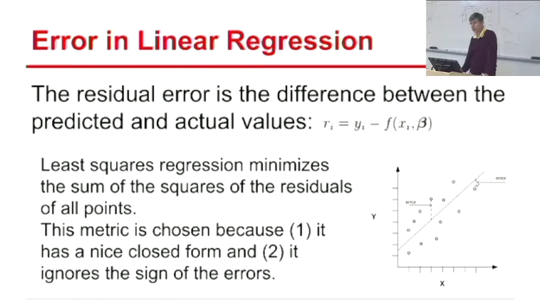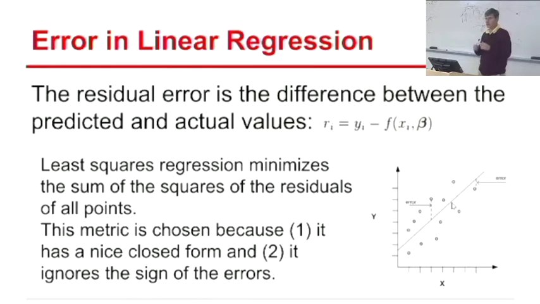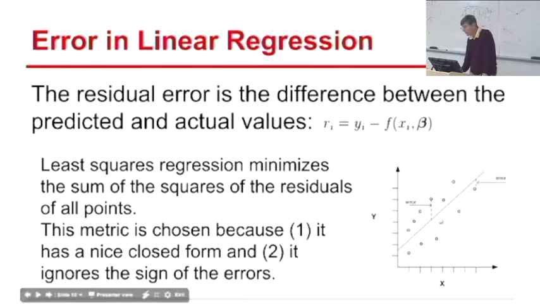Does everybody see that? So really what we're doing is we're not measuring the distance between a point and the line, which might very well be tilted, okay? Instead, we are measuring it orthogonal to the x-axis. That's kind of an important point here, right? And so that's what it is.